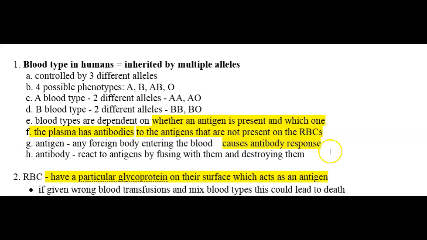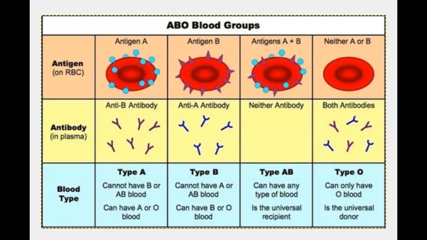Let's go ahead and look at that. So looking at the A, B, and O blood groups. Looking at A blood, the reason why it's called A blood is because of the type of antigen it has on its red blood cell.